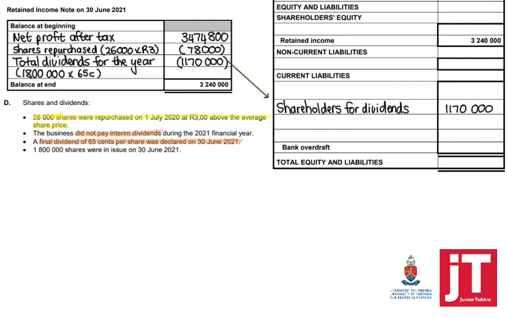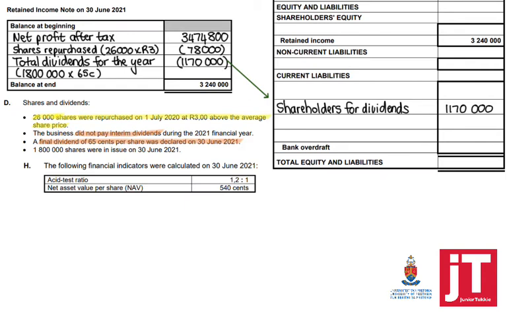Do not forget that the final dividend which was recommended should also appear as part of your current liabilities in trade and other payables, or it can appear on the face of the balance sheet. So whatever you have calculated in here, make sure that you transfer it correctly to the statement of financial position.